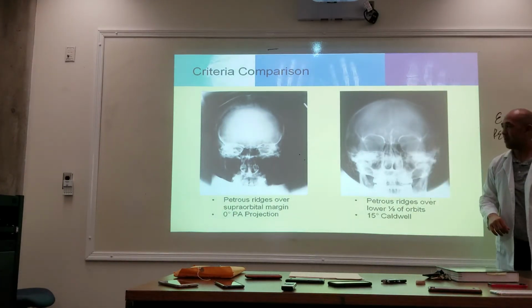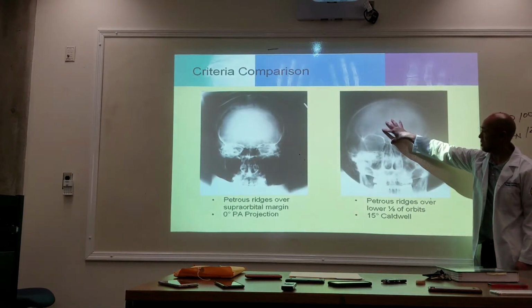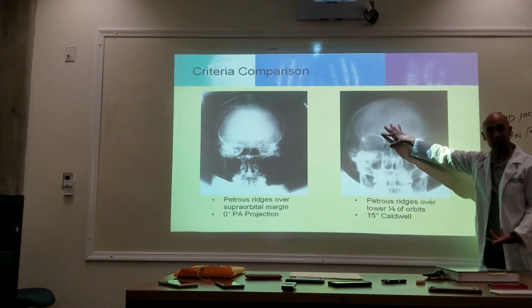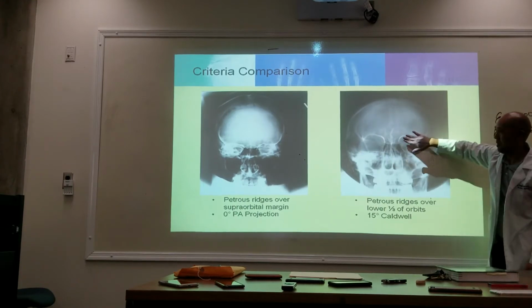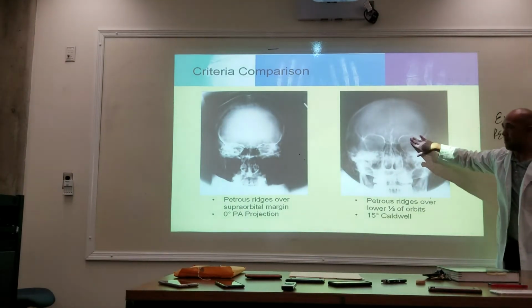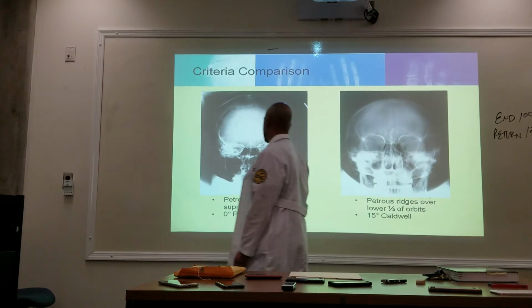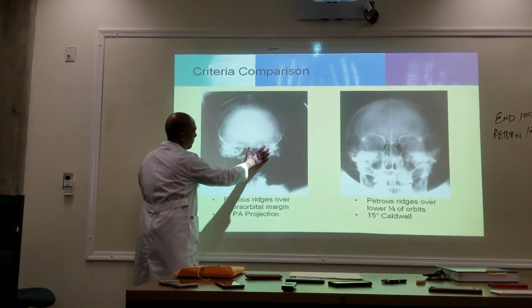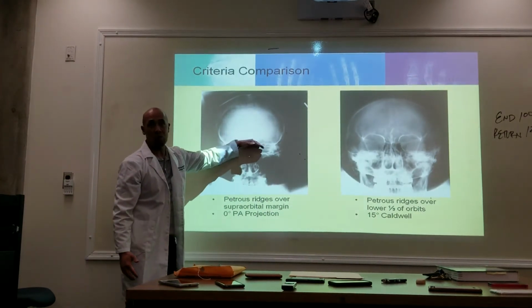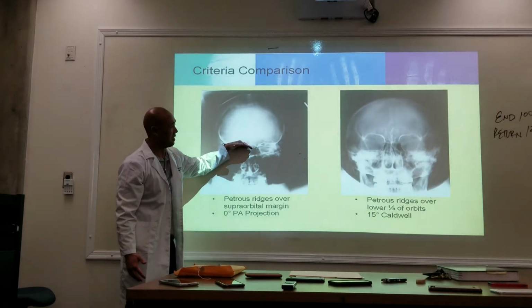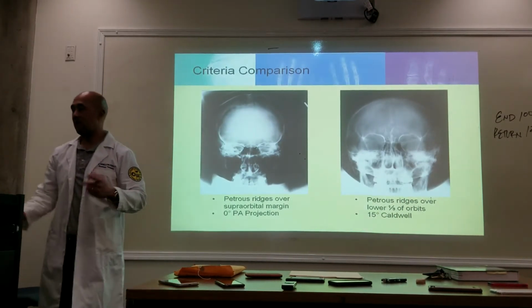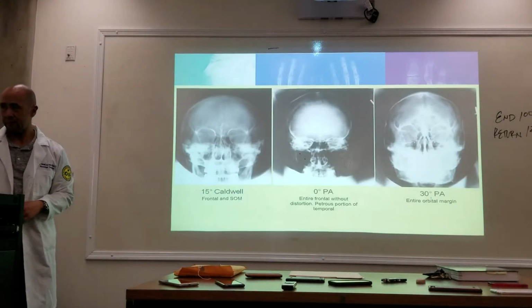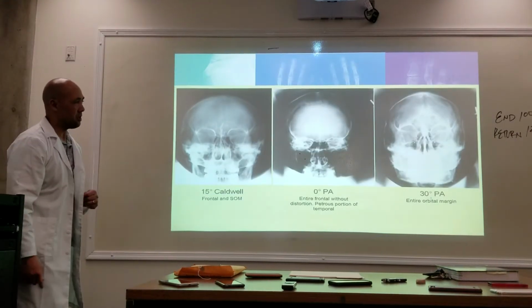So there's going to be some slight distortion to the frontal bone, but not much, because we're looking at this and at these. Here, when it fills up the orbits, we see the frontal bone, but now we can't evaluate the orbits. There's no evaluation there. Now, there is that one we were talking about earlier, a 30-degree angulation.